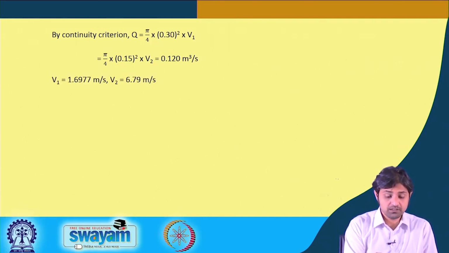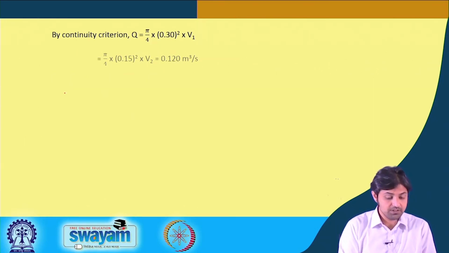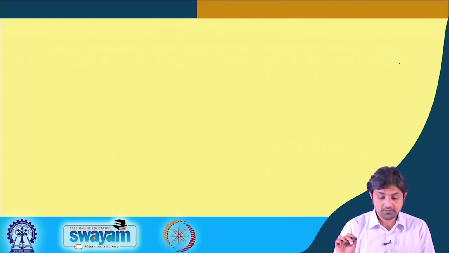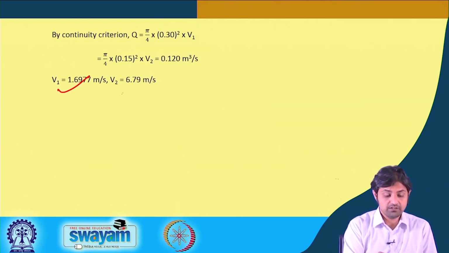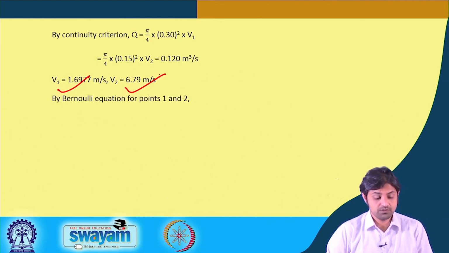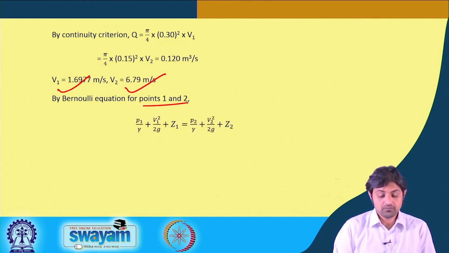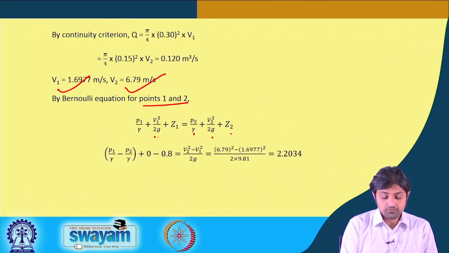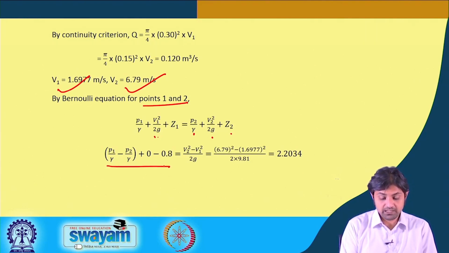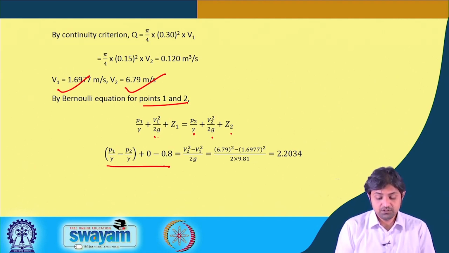So V1 from this method, because Q is already given. What is Q? 120 liters per second. So we can find V1 and therefore we can also find V2. Now, by Bernoulli's equation for points 1 and 2, P1 by gamma plus V1 square by 2g plus Z1 is equal to P2 by gamma plus V2 square by 2g plus Z2. So P1 by gamma minus P2 by gamma minus 0.8, if you calculate Z1 and Z2, is equal to V2 square minus V1 square by 2g.